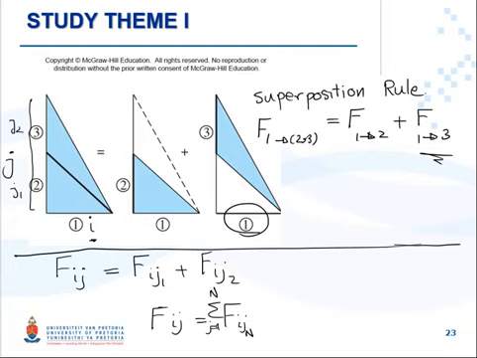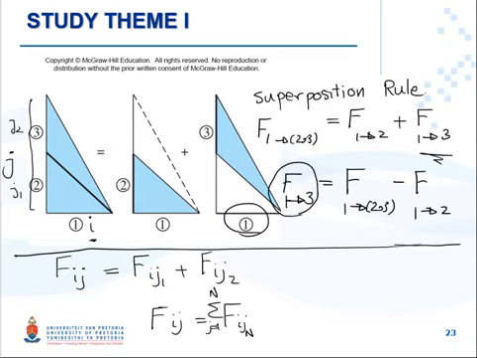That's the reason we can use the superposition rule easily. F13 is not standard, but due to the superposition rule, F13 is equal to F1 to (2,3), a triangle, minus F1 to 2, another triangle. So we found the view factor of a non-standard geometry by using the superposition rule and two standard view factors of triangles.